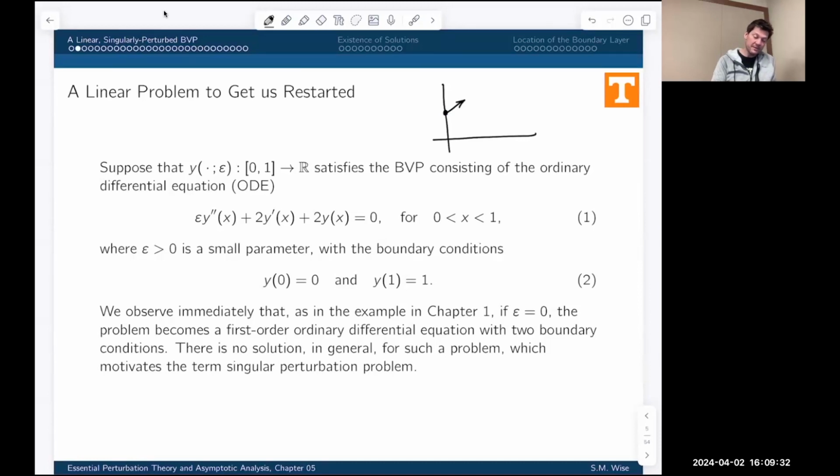And so the solution goes off and looks like this.